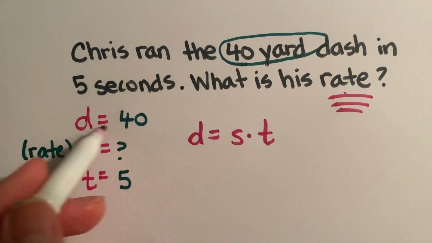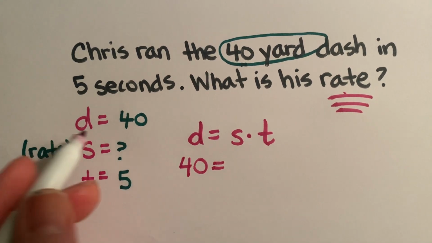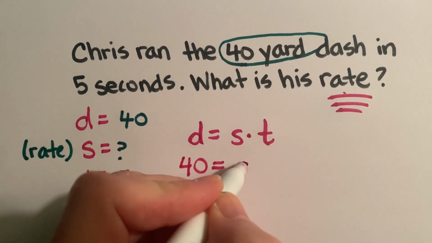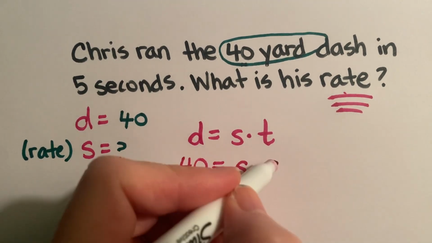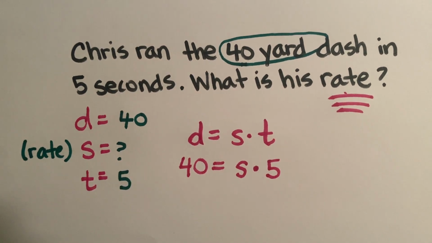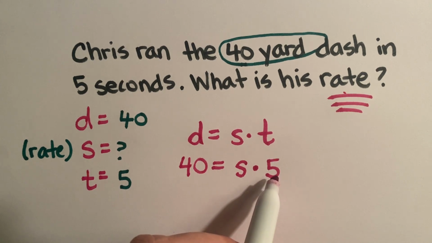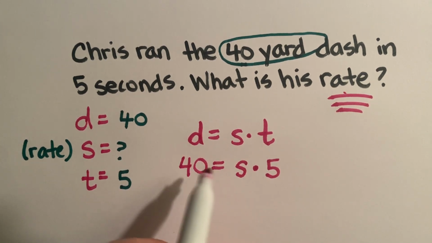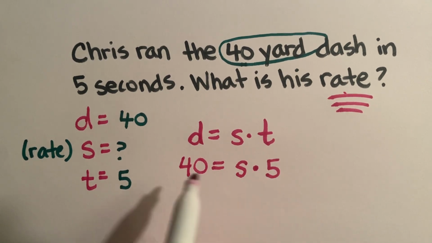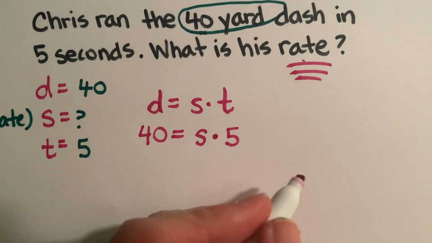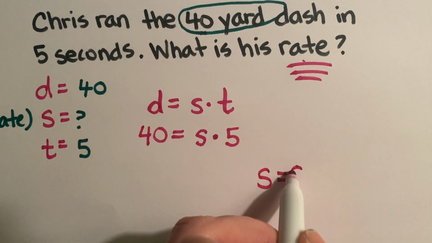And for distance, we'll put 40 equals, we don't know the speed, that's what we're looking for, so we'll leave that as an S, times time, which is 5. So you're asking yourself, what number times 5 is equal to 40? And I'm sure you're thinking 8. 8 times 5 is equal to 40. So you could say that your speed or your rate is 8.